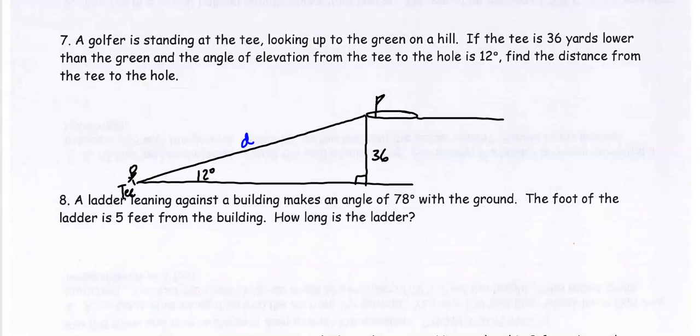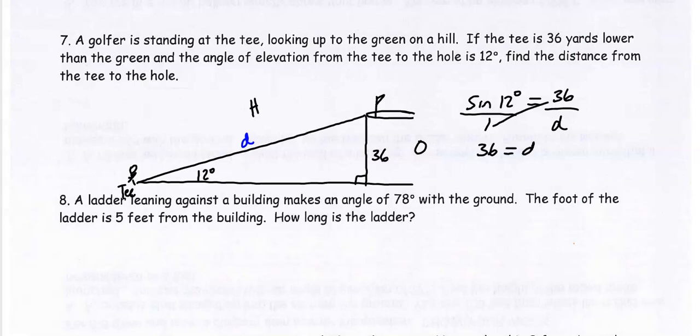So I'm going to get rid of this kind of over here. We're golfing. So this looks like an opposite and hypotenuse, so this looks like a sine problem. So the sine of 12 degrees is opposite over hypotenuse. Gonna have to do a little division here. 36 equals d times the sine of 12.